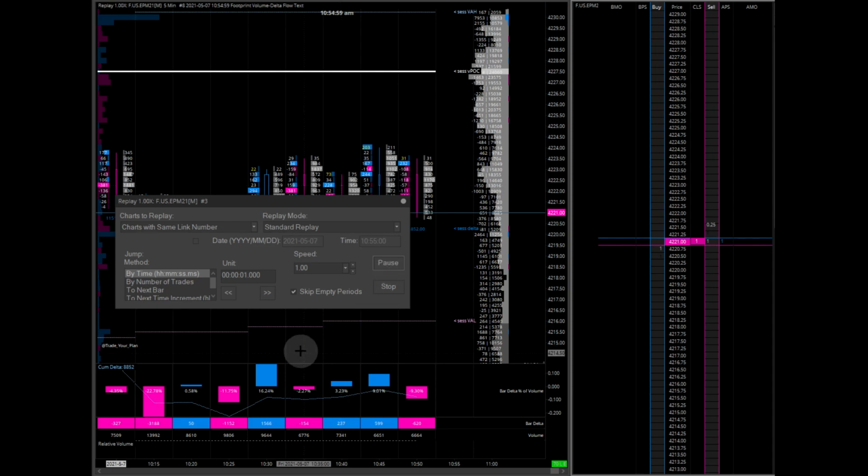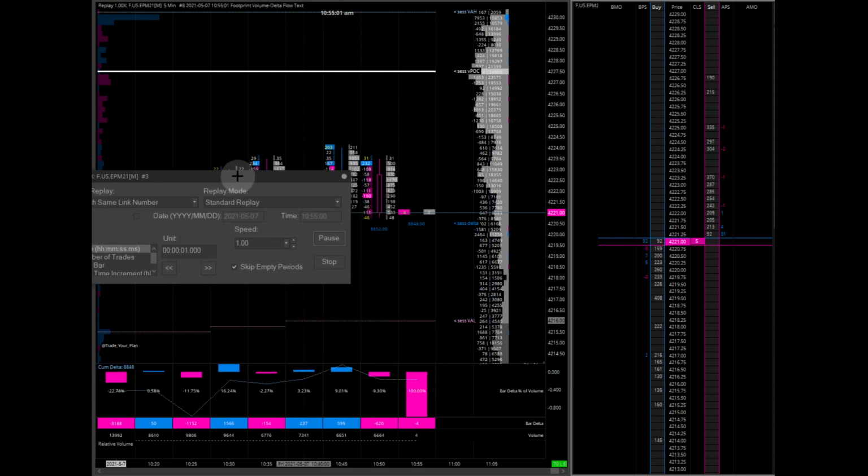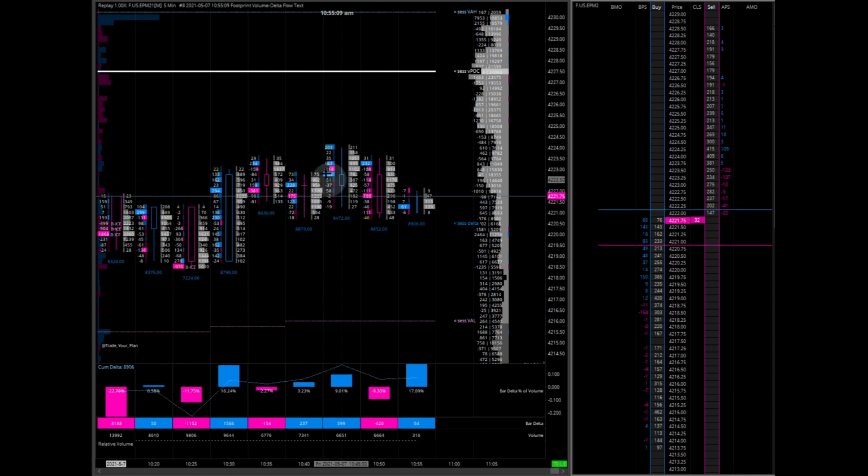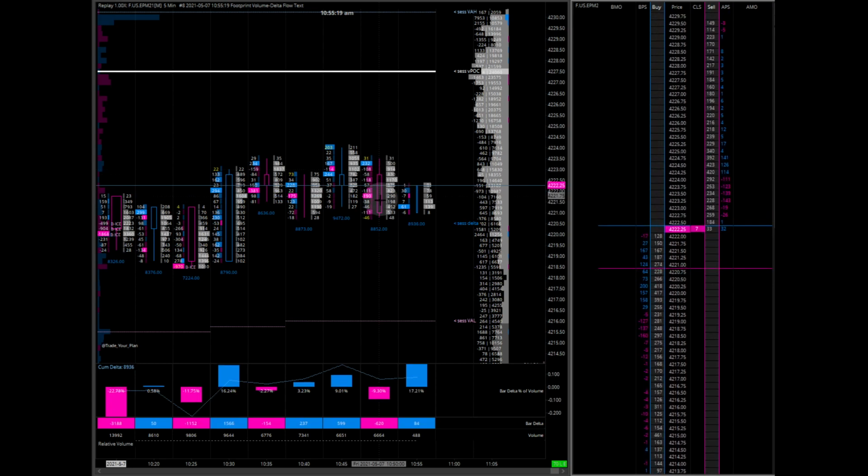All right, this is 1 time speed. Here we've got our DOM, and over here we have our delta footprint, or net delta footprint chart, with the center candle being a normal candlestick that is volume weighted.